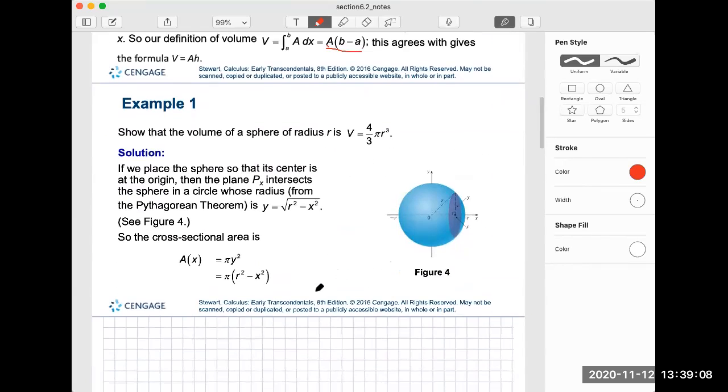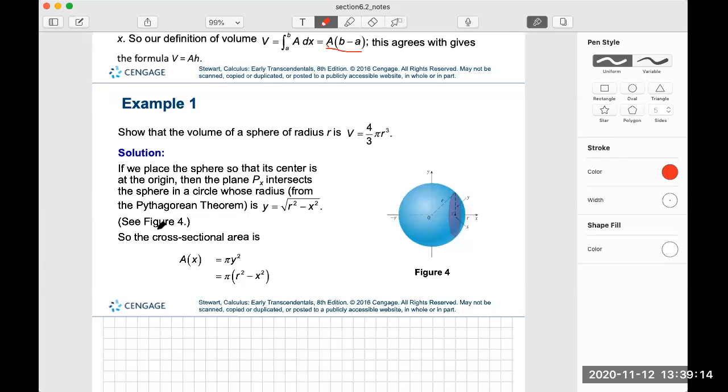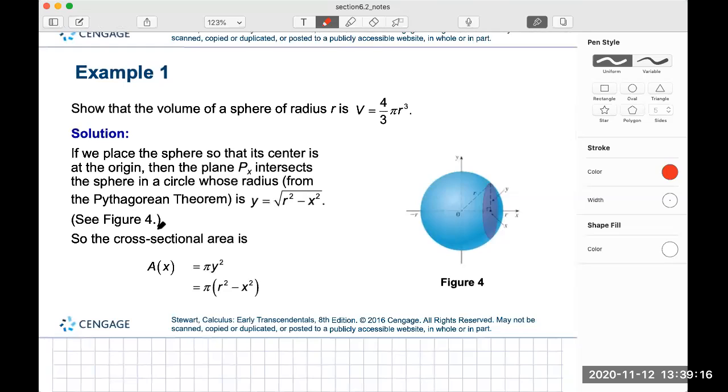Now, let us consider this example. We need to prove that the volume of this sphere with radius r is given by this formula. Okay? This is what we need to prove.